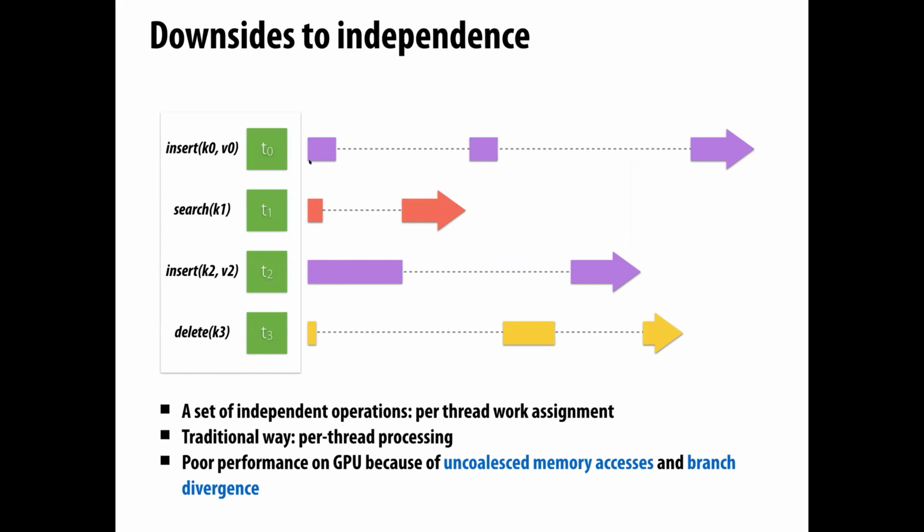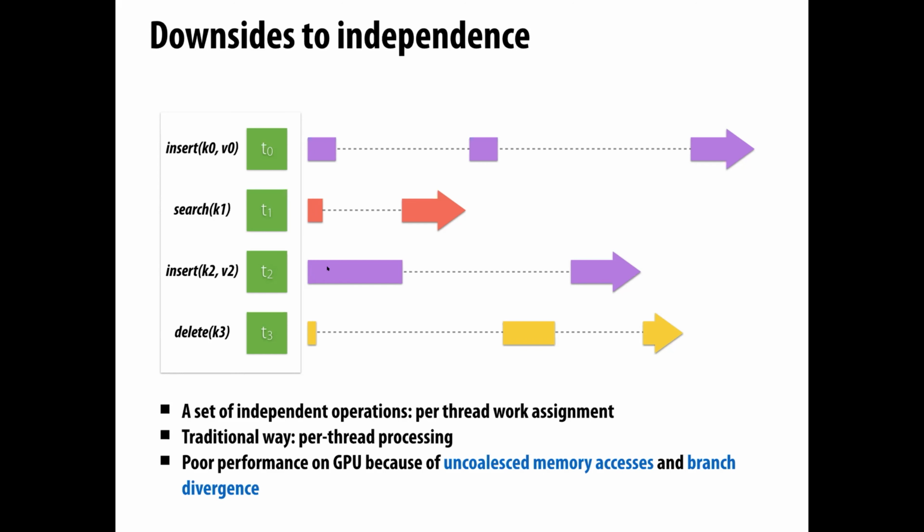In our picture, we might have this one inserting, this one searching, this one inserting, and so on. The hardware is bouncing between these different operations as it tries to get all these threads to the finish line, so it's not running at full efficiency.